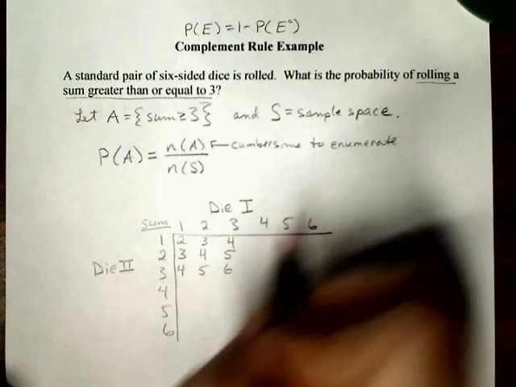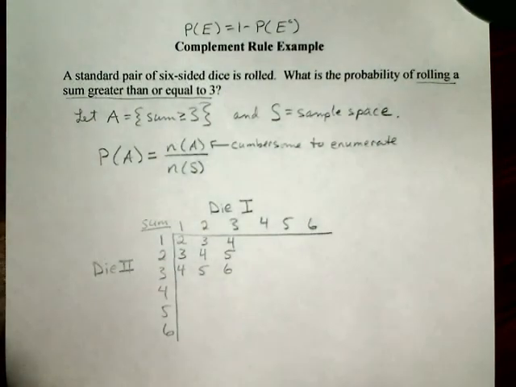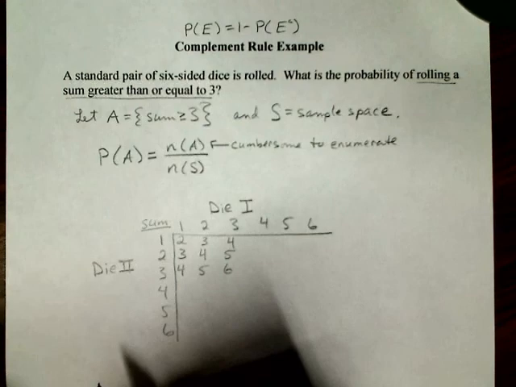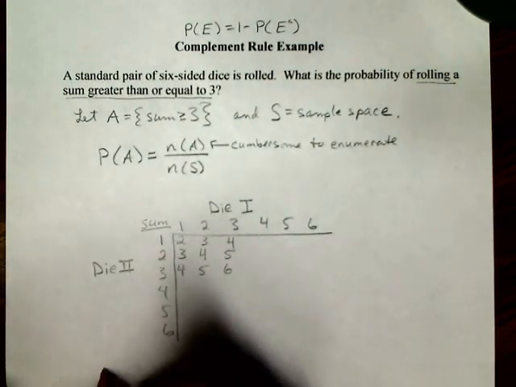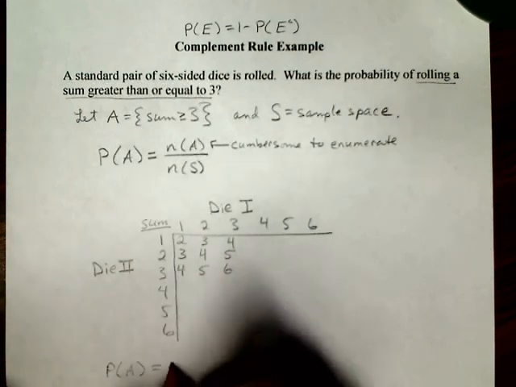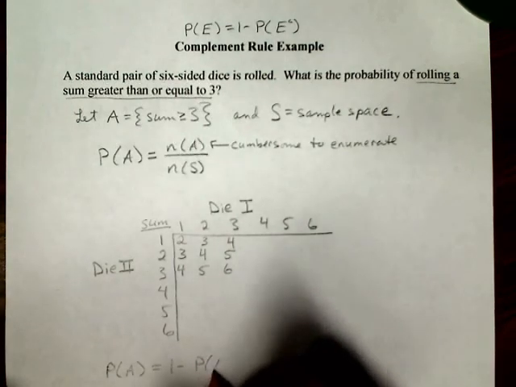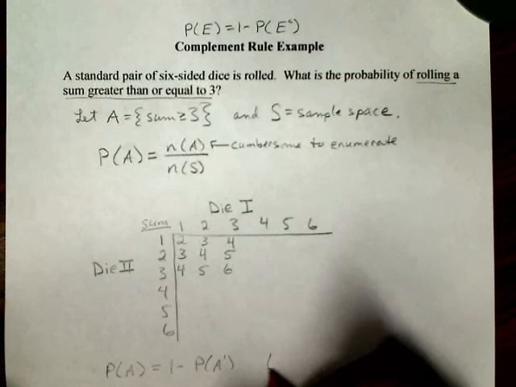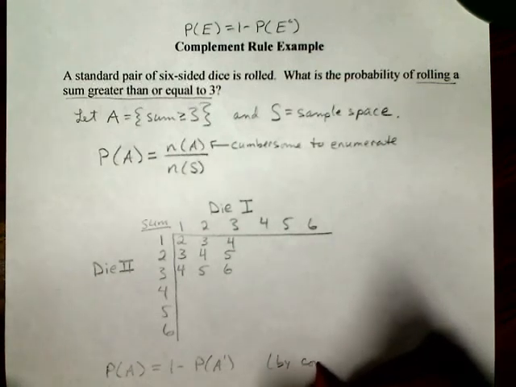What I mean by that is it takes a lot of work to write out all the outcomes in that event. So what I want to use is this idea that the probability of A is 1 minus the probability of A complement. And this is again by the complement rule.